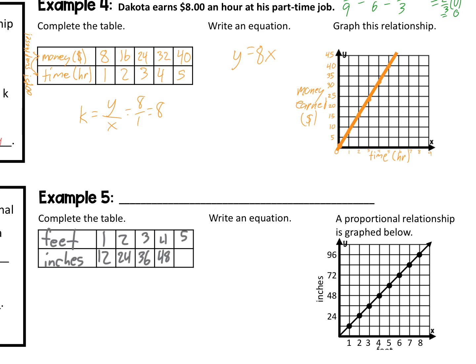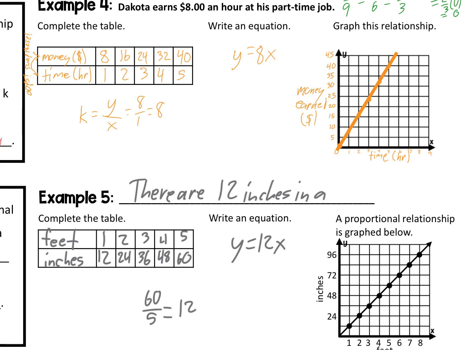The constant of proportionality in this case is 12 because there are 12 inches in 1 foot. 12 over 1 is 12. That means our equation is y equals 12x. And like I just said, our word problem is there are 12 inches in a foot. We always put our y first, then our x.